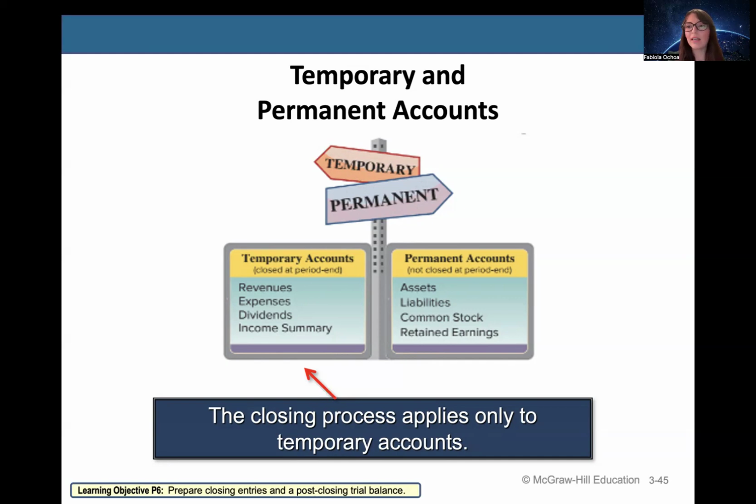Now all of a sudden it's January 1st, early in the morning, it's 1 a.m. Do you still have $10,000 in your bank account? Yeah, of course you do, right? Money just doesn't disappear because we enter a new accounting period. So that is why cash, assets, liabilities, common stock, and retained earnings are called permanent accounts. We do not close them at the end of the year. They don't just disappear because we started a new year.